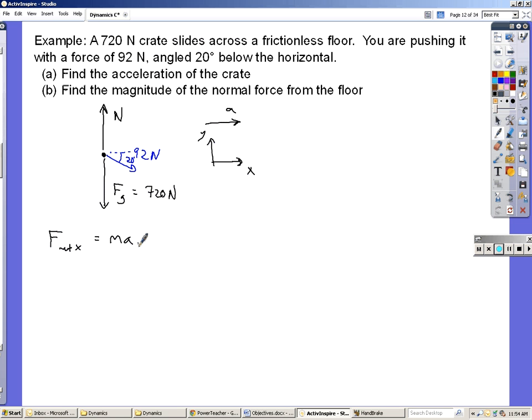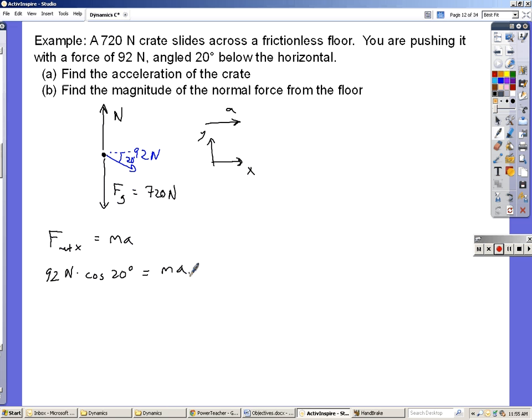Now if we look at those forces, only one of them has an x component that is not 0, and that's the force that you exert. So that component is going to be 92 newtons times the cosine of 20 degrees, and that's equal to the mass of the crate times its acceleration.